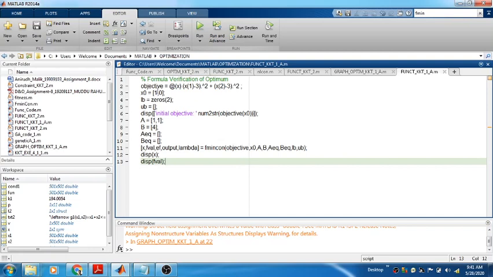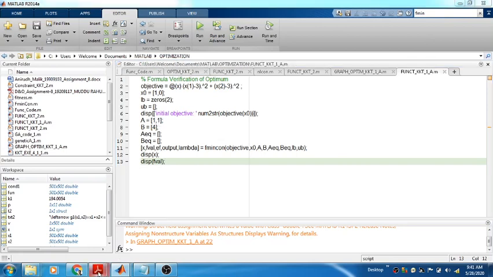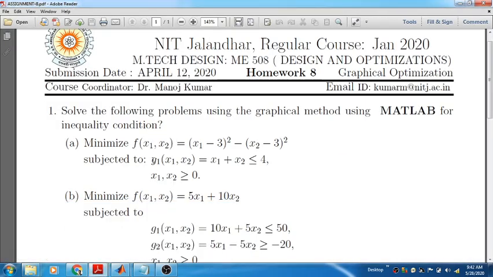So I am defining the objective function, and then A and b. This is your A, that means 1 and 1, and b will be 4.